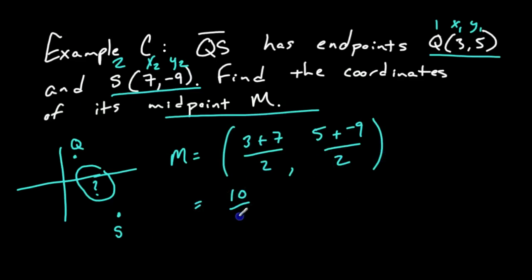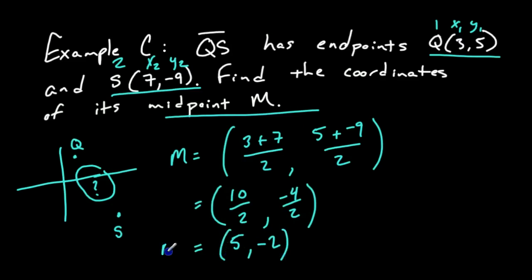Our midpoint then is going to be 10 over 2 because we just did the 3 plus 7, and negative 4 over 2 because we did 5 plus negative 9. 10 over 2 is 5, negative 4 over 2 is negative 2, so the coordinates of our midpoint are over 5, down 2. Looks to be about that point right there. That would be our coordinates for M, our midpoint.